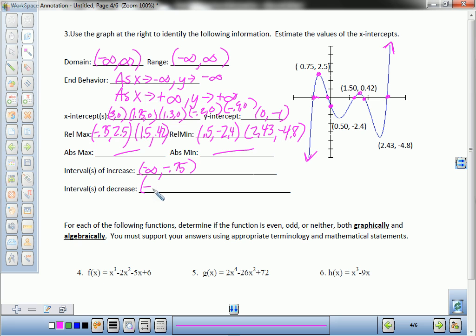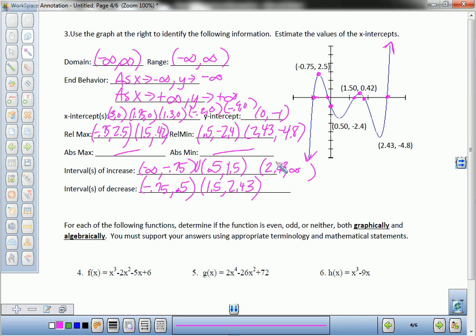Then it decreases from that -0.75 to the next x value, which is +0.5. It's increasing from the 0.5 to the 1.5. And then it's decreasing from that 1.5 to 2.43. And then it's increasing from the 2.43 to infinity.